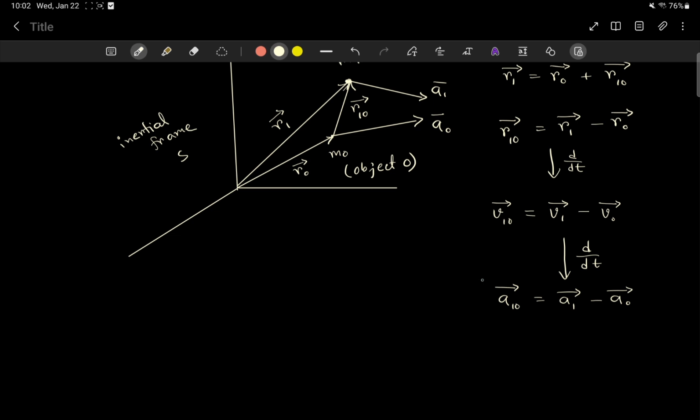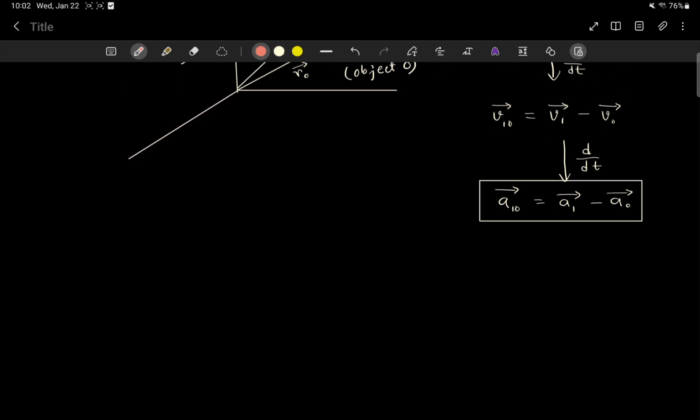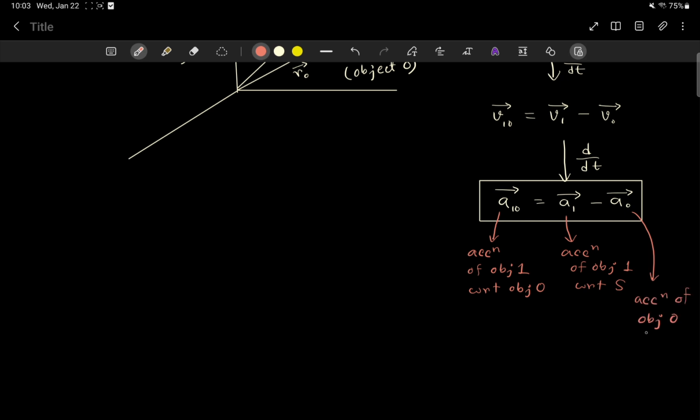Now what we've got here is this equation. Let me read over what we've gotten until now. This is the acceleration of object 1 with respect to object 0, this is the acceleration of object 1 with respect to inertial frame S, and this third one is similar, the acceleration of object 0 with respect to S. These two are with respect to inertial frames, right?